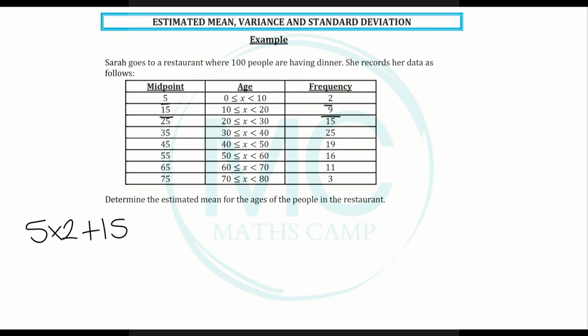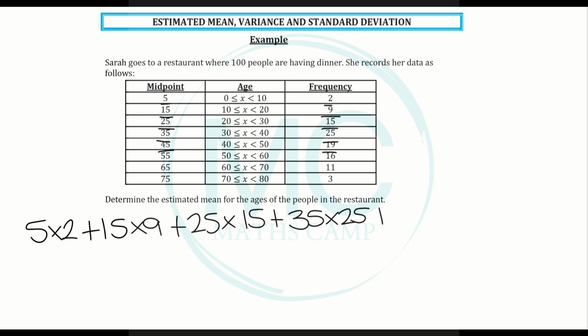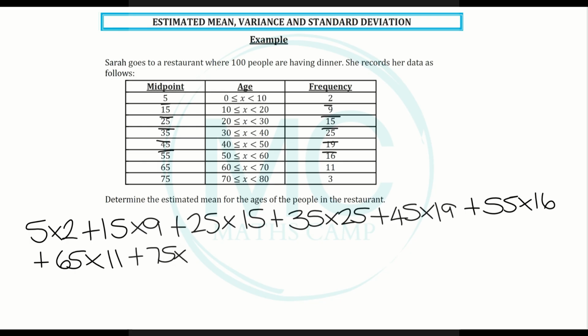So I say 15 multiplied by 9 plus 25 and 15. 25 plus 15 multiplied by 15 plus 35 and 25. 35 multiplied by 25 plus 45 and 19 plus 55 multiplied by 16 plus 65 multiplied by 11 plus 75 multiplied by 3.